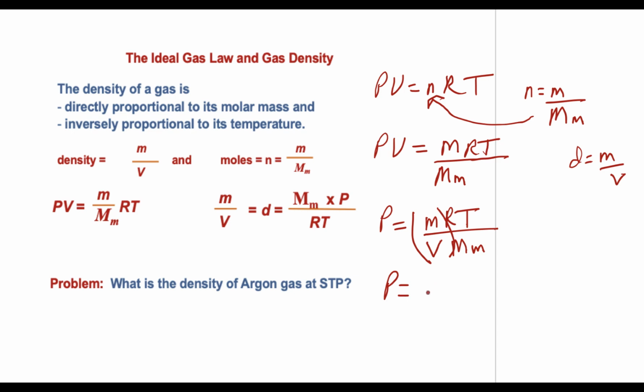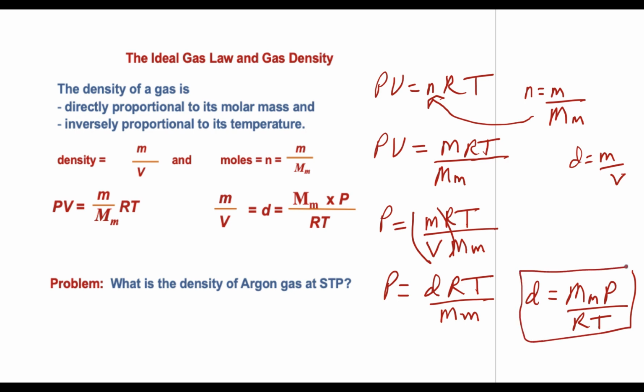So the pressure is equal to the density times R times T divided by the molar mass. And then we can just solve this for density. So the density is going to be equal to the molar mass times the pressure divided by RT. So if you know how to derive these equations, it's great because it's not something else you need to memorize.